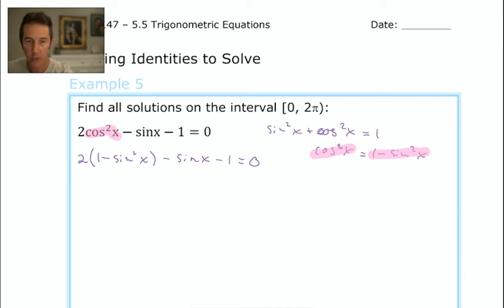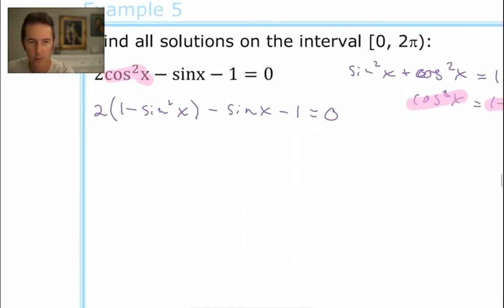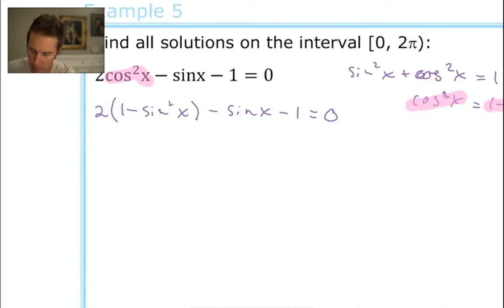Okay, now my equation has all sine stuff. I like that. Let's distribute the multiplication by 2, combine like terms if possible, and then we'll go from there. We can't anticipate everything, so let's just deal with what's in front of us. And if you want to put a little note over here, dist for distribute, you can. Pythag for Pythagorean theorem.